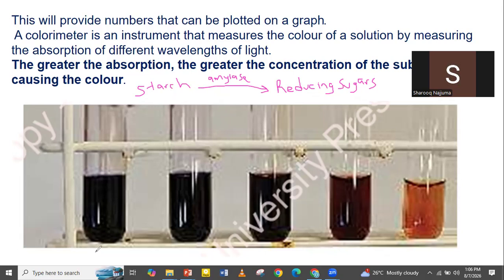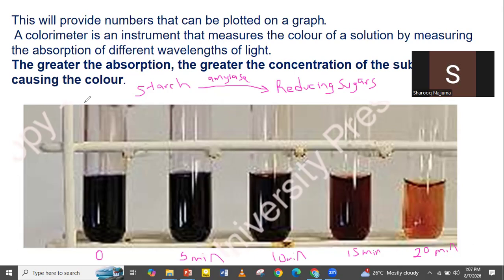An example, you could find that maybe they tested for the presence of starch at 0 minutes, then maybe at 5 minutes, then 10 minutes, 15 minutes, and then 20 minutes.